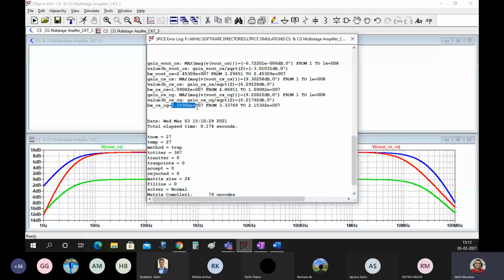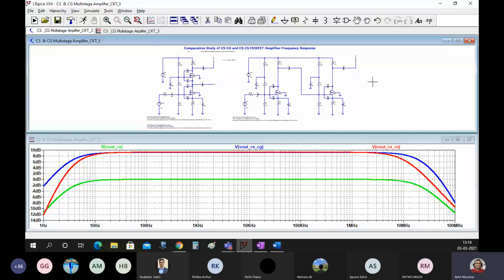That means the bandwidth has doubled when we used CS-CG instead of CS-CS. On the log scale you cannot see this increase as double, but actually the increase is in megahertz, so 10 will be here and 20 will be very close to it. So the bandwidth of CS-CG is actually double that of CS-CS.